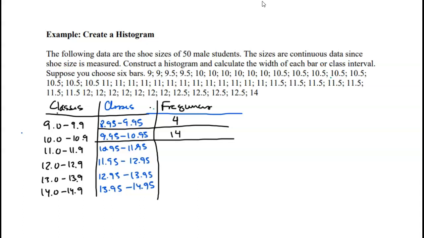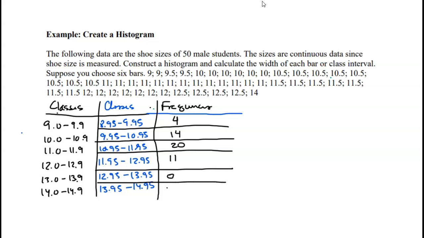We have 20 11s. Alright, 1, 2, 3, 4, 5, 6, 7, 8, 9, 10, 11, 12s, no 13s, and 1 14. Okay, good. So that's the frequency table.